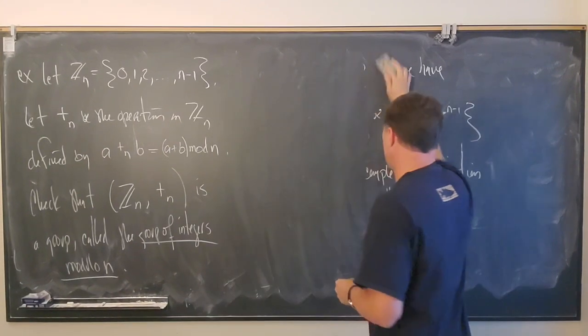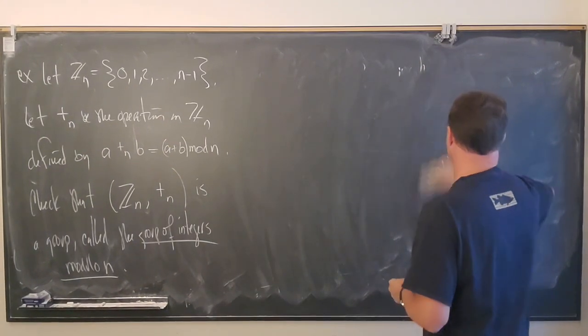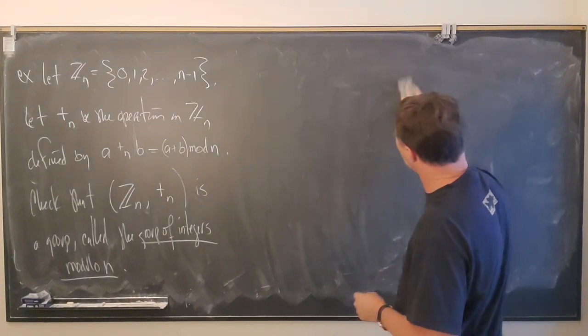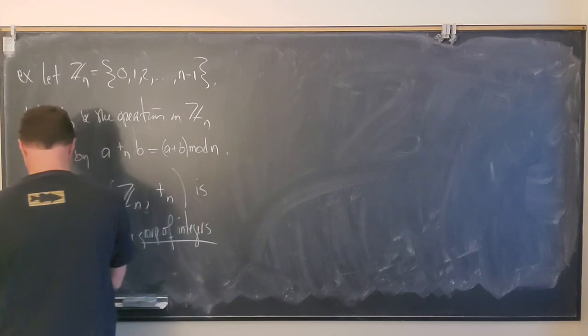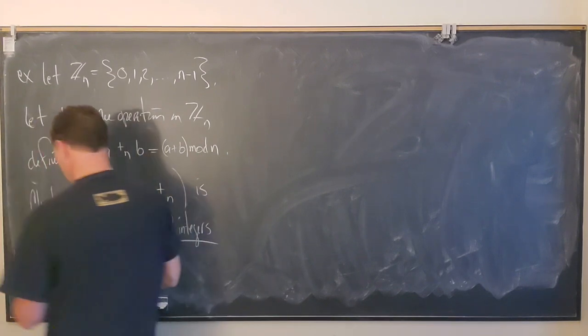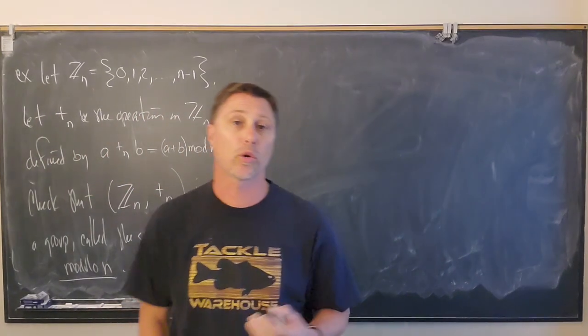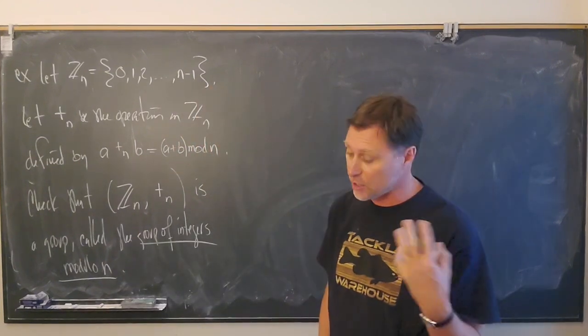Now I've been using this ordered pair notation when I'm talking about groups, but that's really not standard. That was just to get the ball rolling. Typically, when we work with a group, we don't write it in ordered pair notation. We will just say let G be a group.